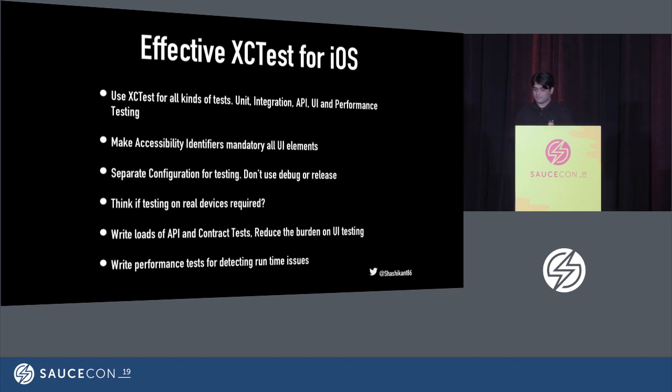You should cover most of your stuff using contract testing, API testing, and all other lower level testing so that you remove the burden on UI tests. So for UI tests, you can categorize only your key user journeys and key business features. And all other business logic can be covered by contract tests and API tests.